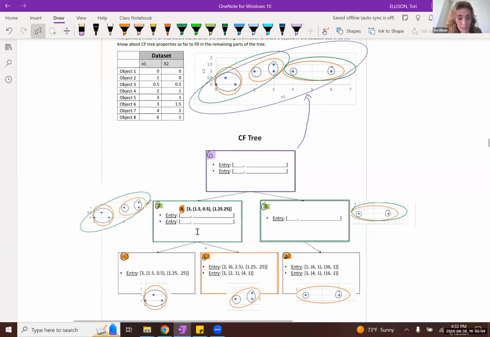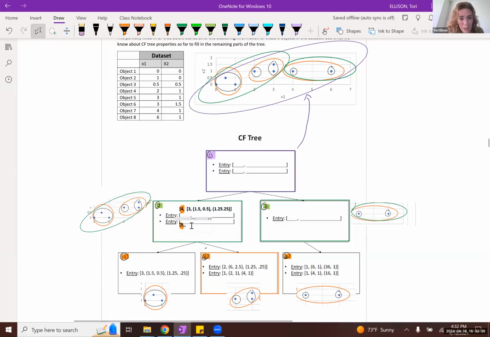So basically what this entry represents, we would write 5 to indicate that we are referring to all of the subclusters represented in leaf node 5.